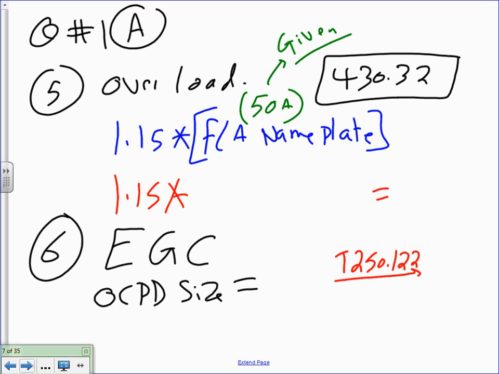If you have to guess on these, I would say 10% lower than what the code tells you. Sometimes, if you have to guess, 10% lower than what the code gives you. This is given. So here's my 50.